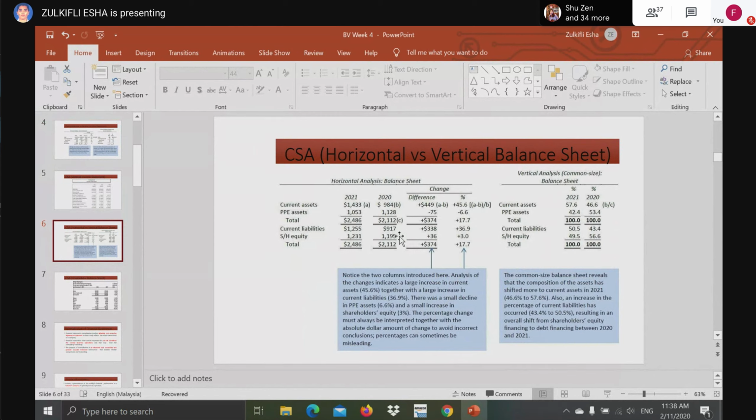So you just copy whatever figure you may get from your balance sheet. And then for vertical analysis, you need to convert the amount into percentage. So it will be the same. So this is in monetary form, 984. So it will be then converted into percentage.